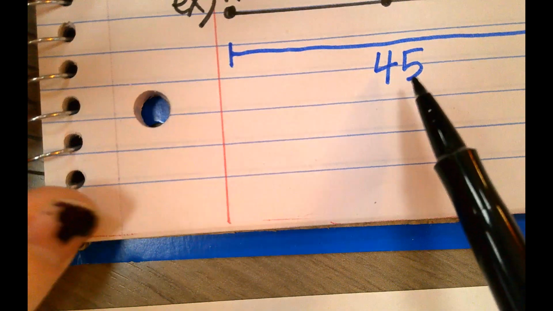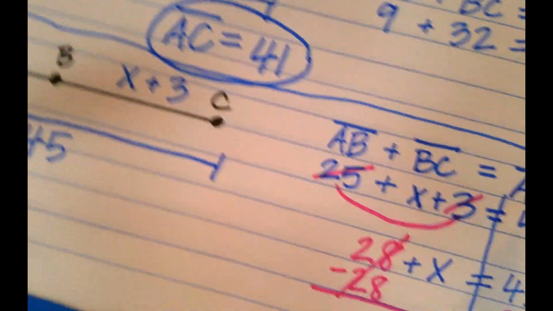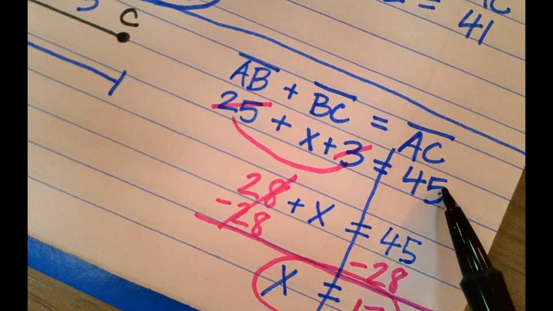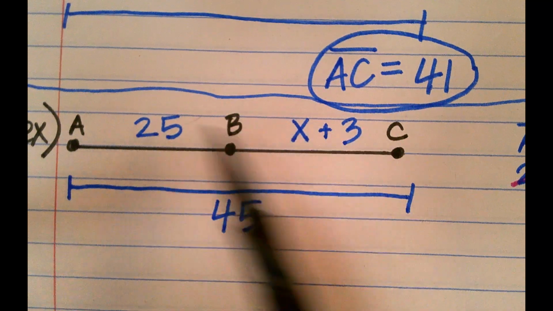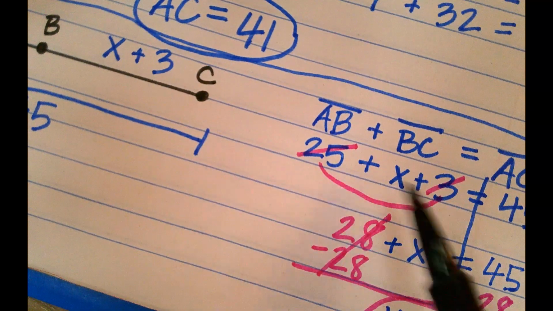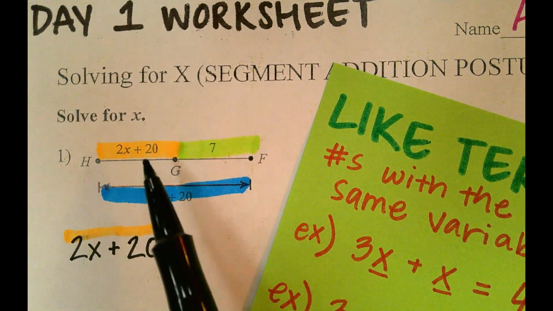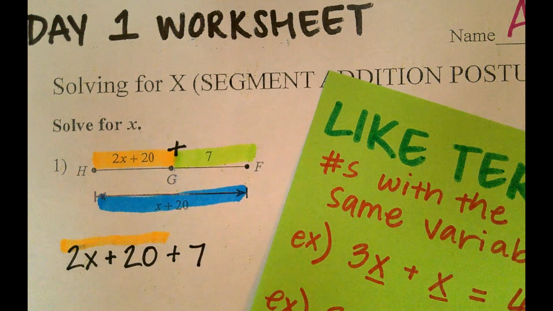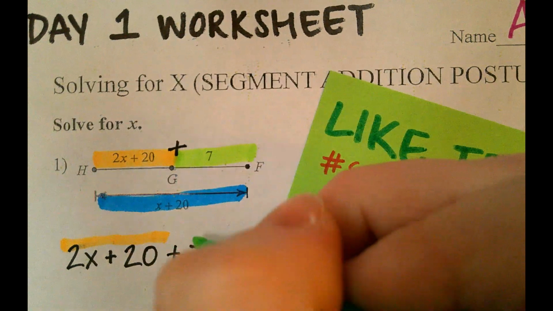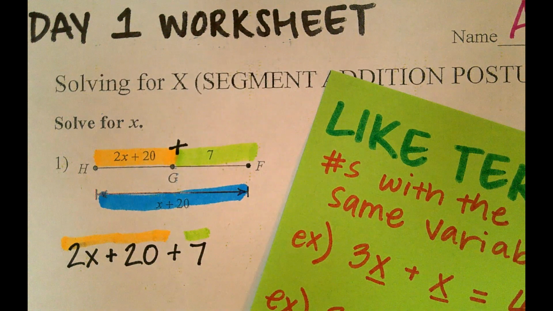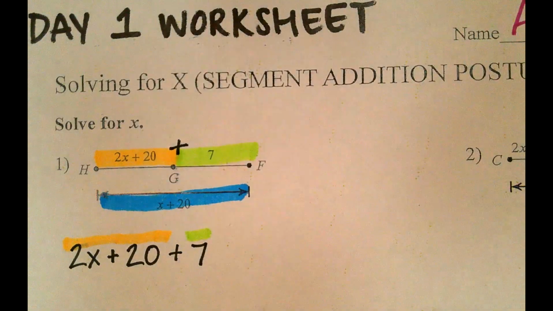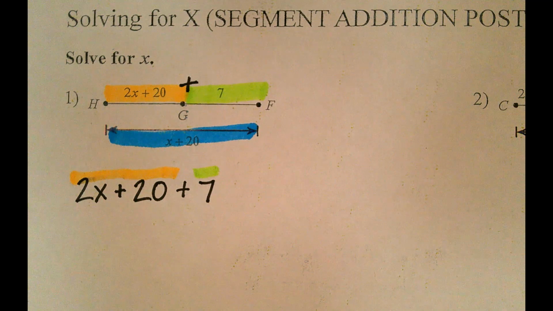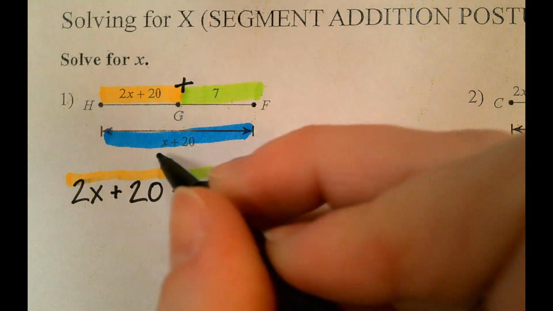The number on the bottom goes after the equal sign. The numbers on the top get added together. So the numbers on the top, 2x plus 20, get added to 7. Plus 7 equals x plus 20.